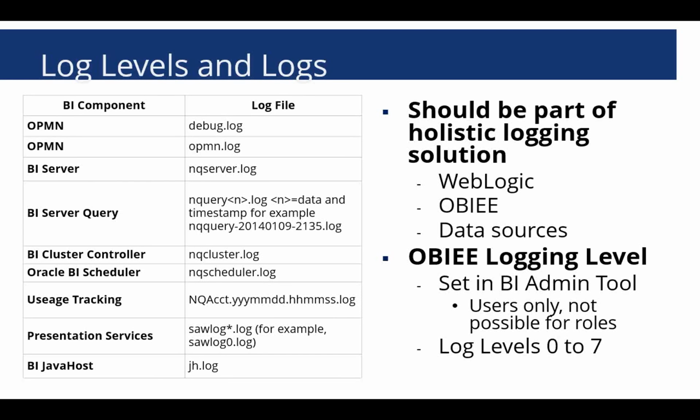A key point is that it's not possible to set the logging for a role. You have to set it at the user level. On the left, I have included some of the key log files that you will want to potentially include in any review, or in any parsing into Splunk or ArcSight solutions.